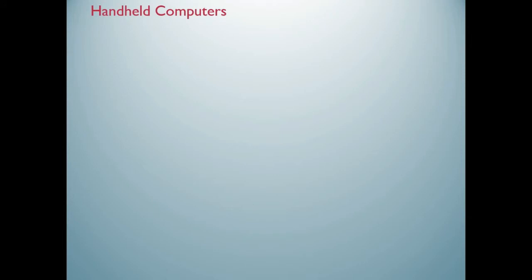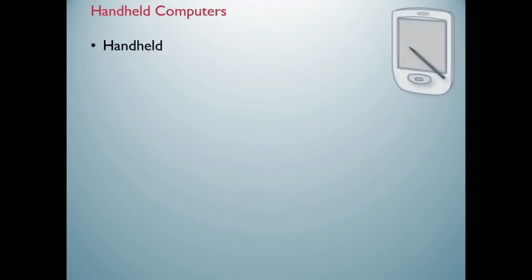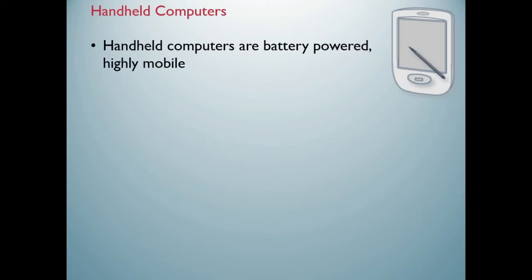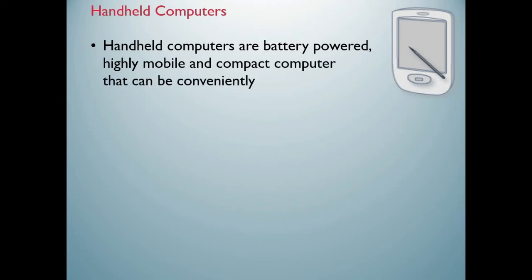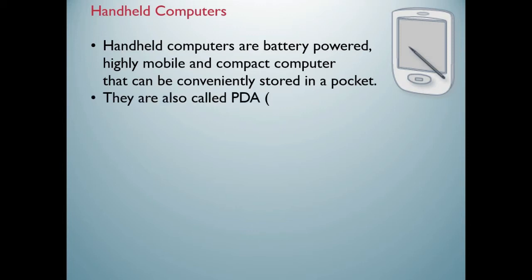Next, handheld computers. Handheld computers are battery powered, highly mobile and compact computers that can be conveniently stored in a pocket. They are also called PDA, that is Personal Digital Assistant.